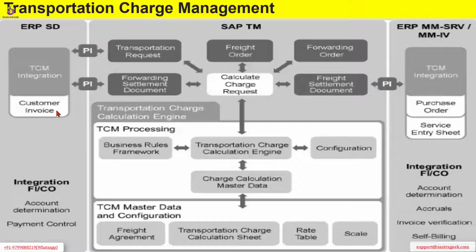But this is from the customer invoice perspective. This invoice is for the product which the customer has purchased, whereas the one on the very right side is for the transportation service you have availed to have this product reach the customer.